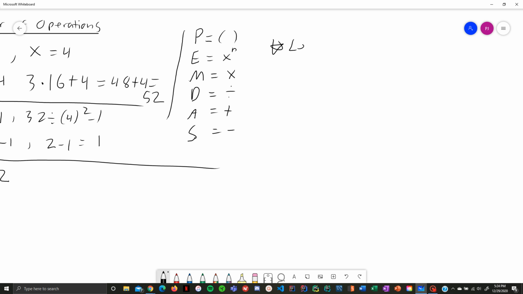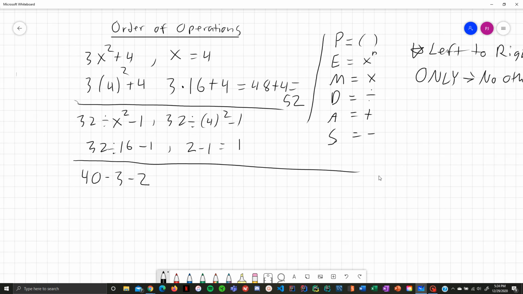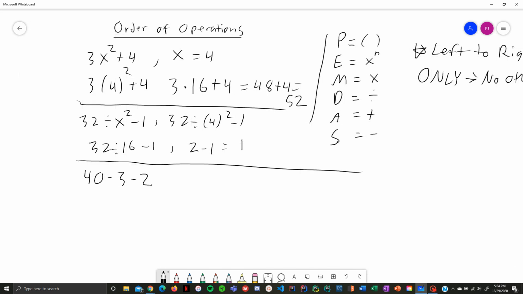You work left to right only, this is very important, when there are no other steps left. In this problem, of course, we don't have any multiplication, division, or anything left. So we have to work left to right.